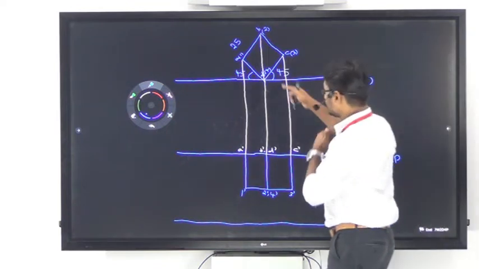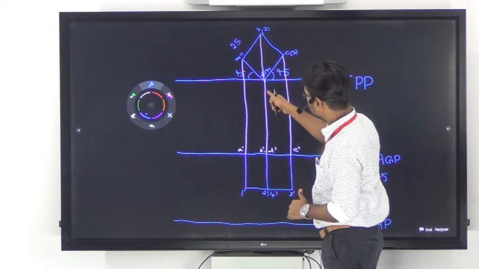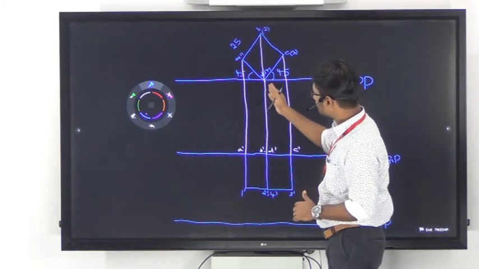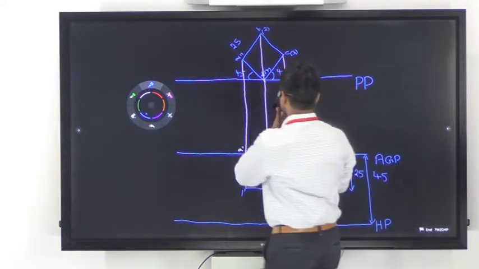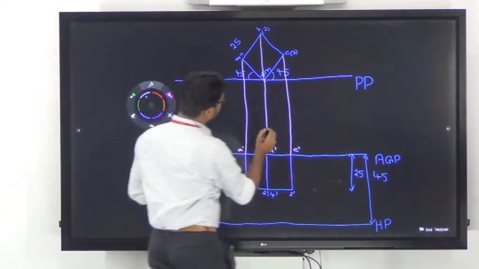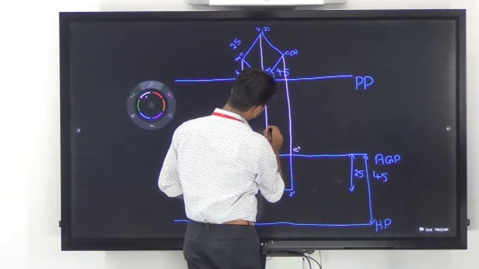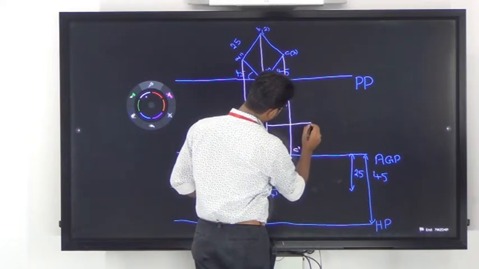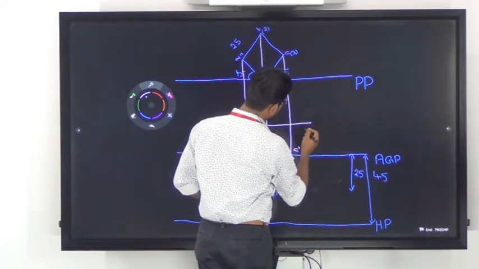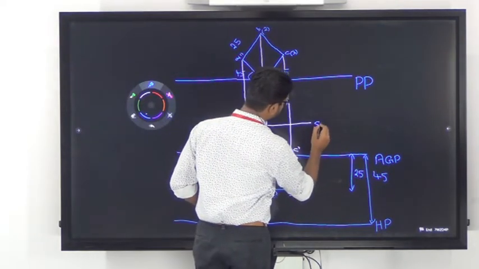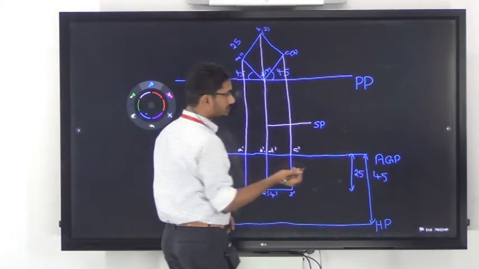So here we are having the center of the cube and the station point is 30 mm to the right side of this center. So at a distance of 30 mm from here, you can mark the station point, top view of the station point.